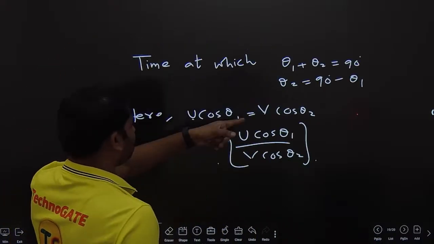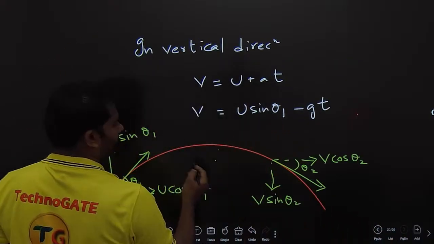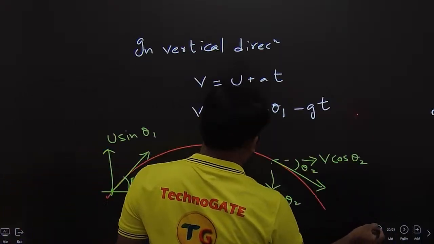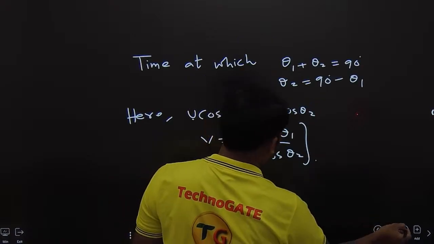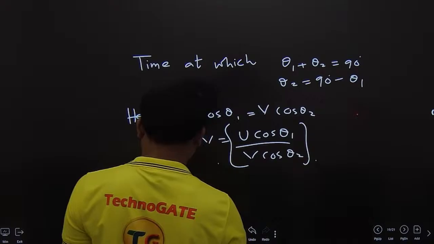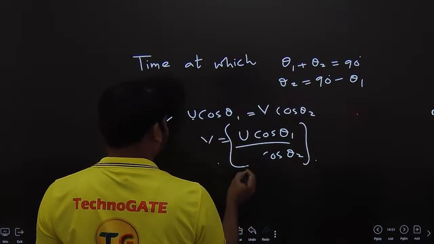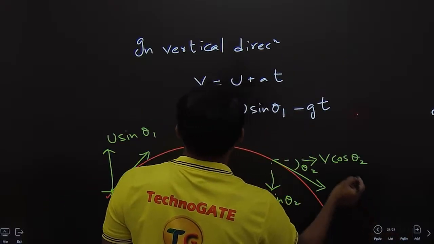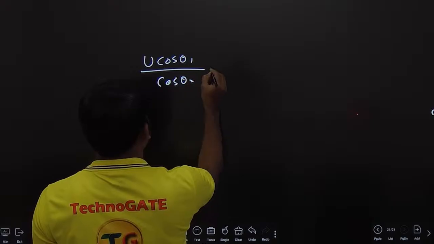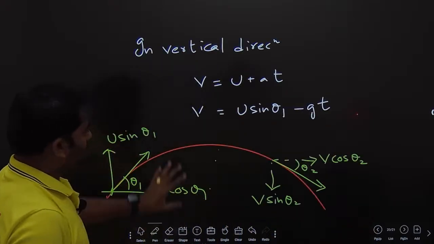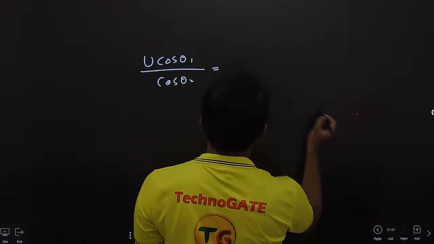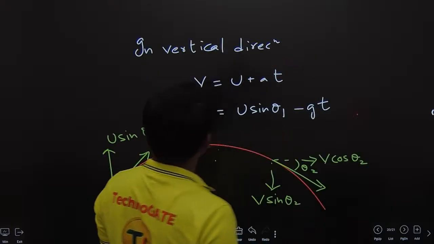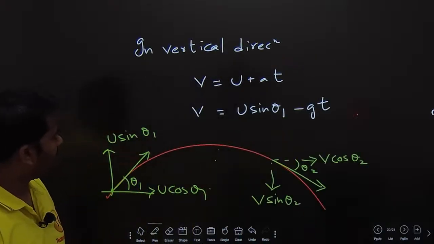So v is nothing but u cos theta 1 by cos theta 2, is equal to u sin theta 1 minus gt. So the value of v is coming out like this.